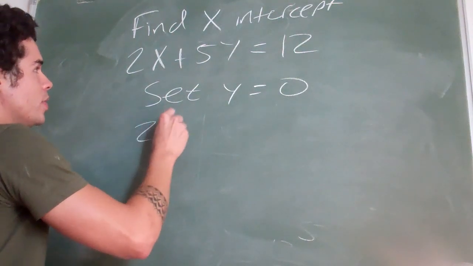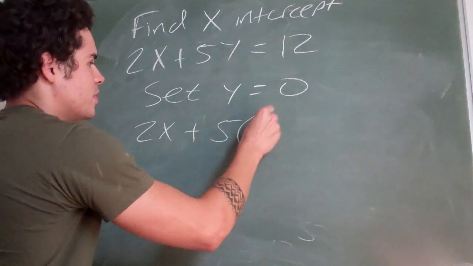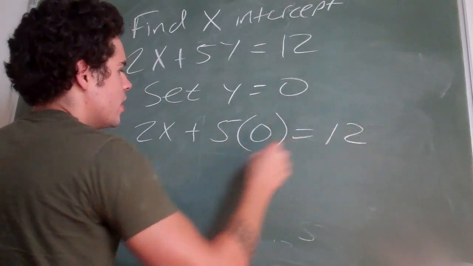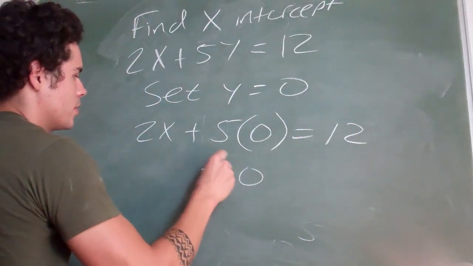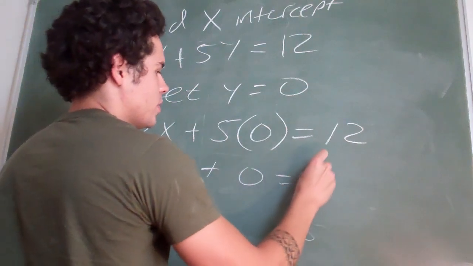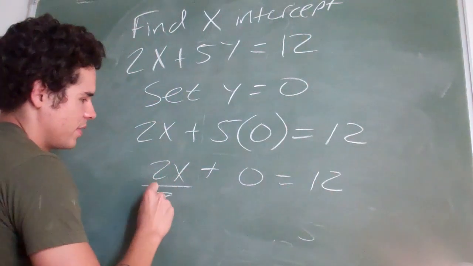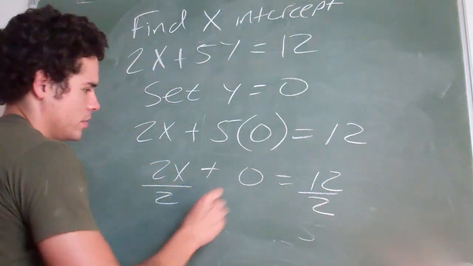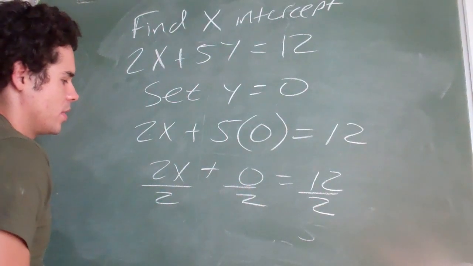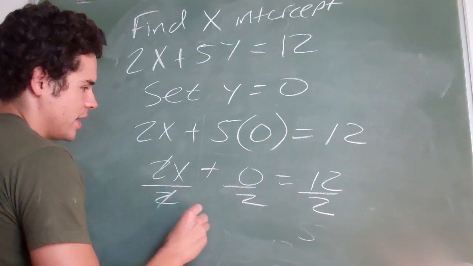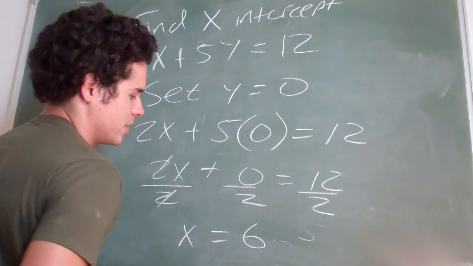Now 2x plus 5 times 0 is equal to 12. Well, 5 times 0 is 0, and we have 2x is equal to 12. Then we're going to divide by 2, divide that by 2 as well, and these cancel out, x is equal to 6.